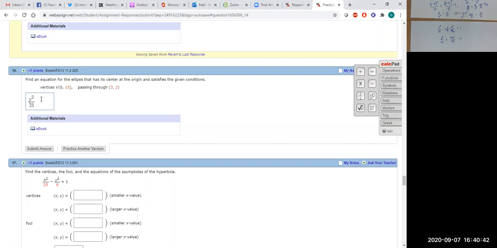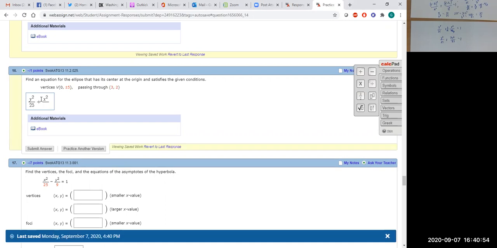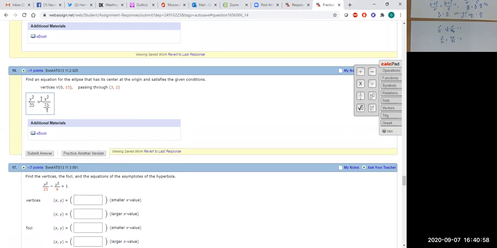And just for fun, this is a little tricky to type in. So it's x squared over 75. See if it likes this. Equals 1. I don't know if it's going to take this or not.